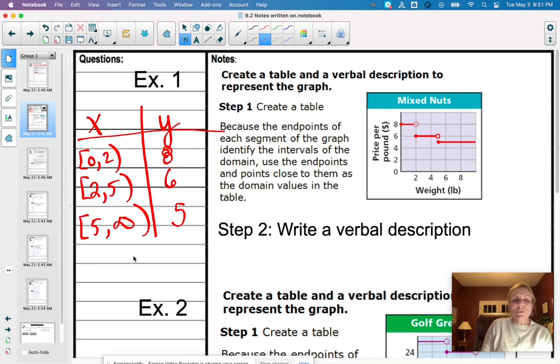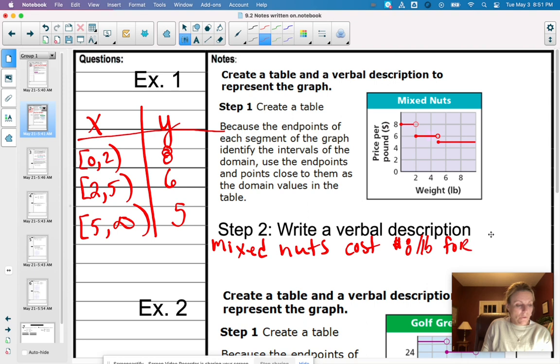So the verbal description is going to be mixed nuts cost $8 per pound for less than 2 pounds.